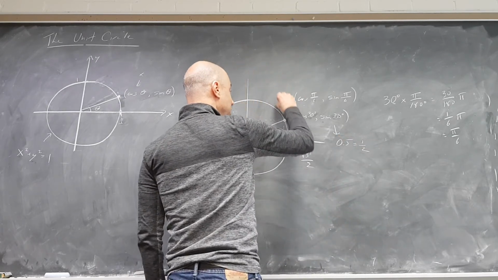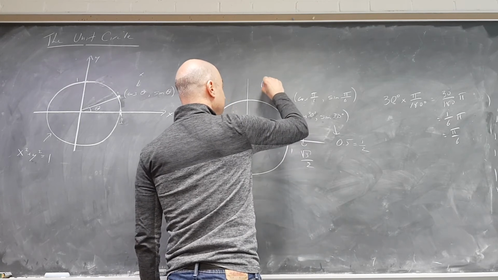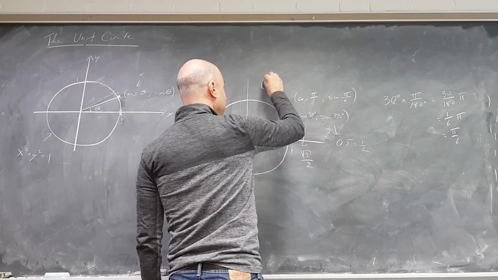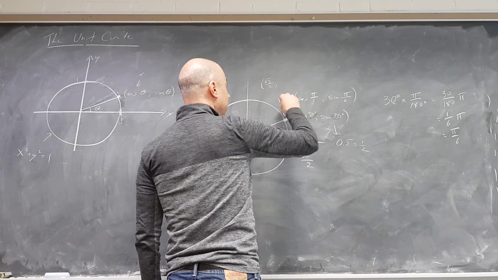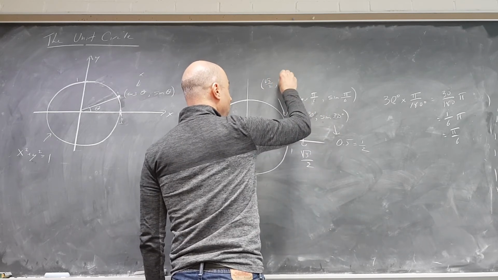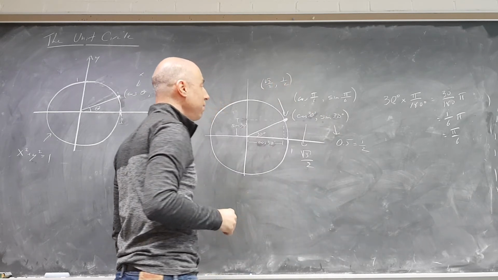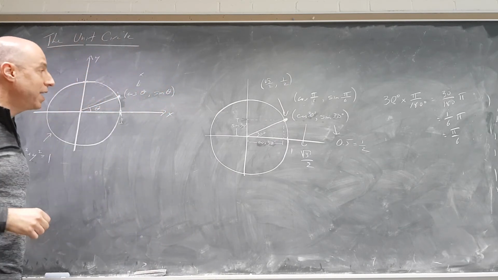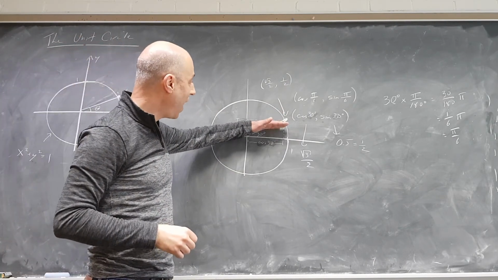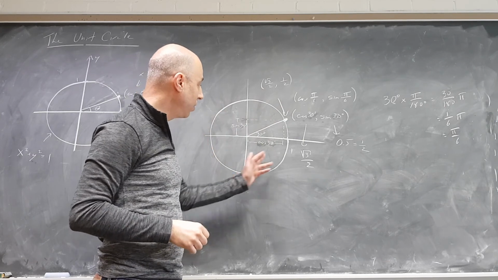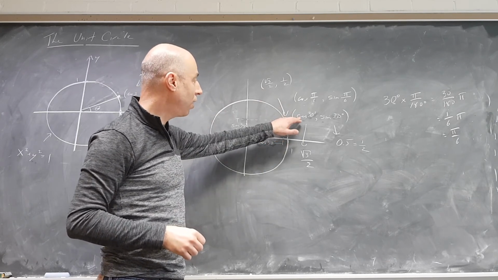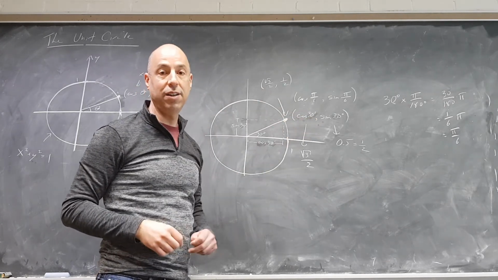So the coordinates of this point are going to be root 3 over 2, that's the x-coordinate, and the y-coordinate is going to be 1/2, or 0.5. And so you can find the point at any angle all the way around just by using cos of the angle, sine of the angle.